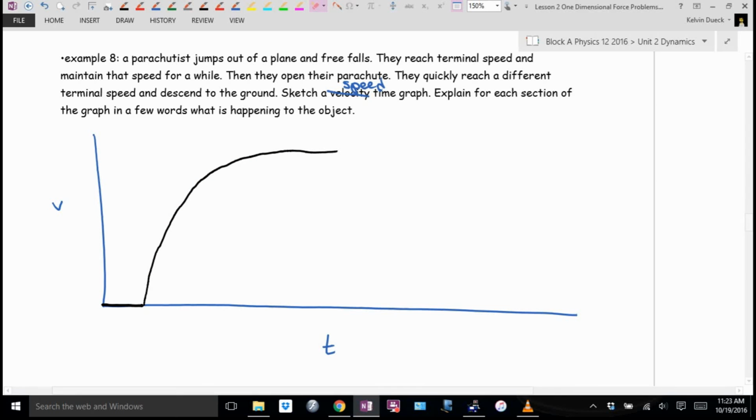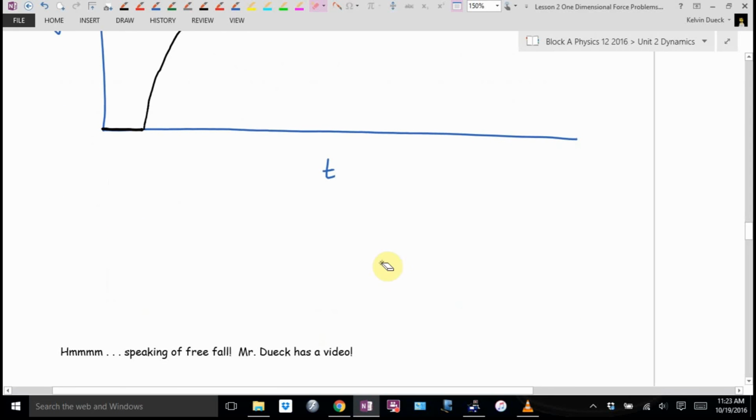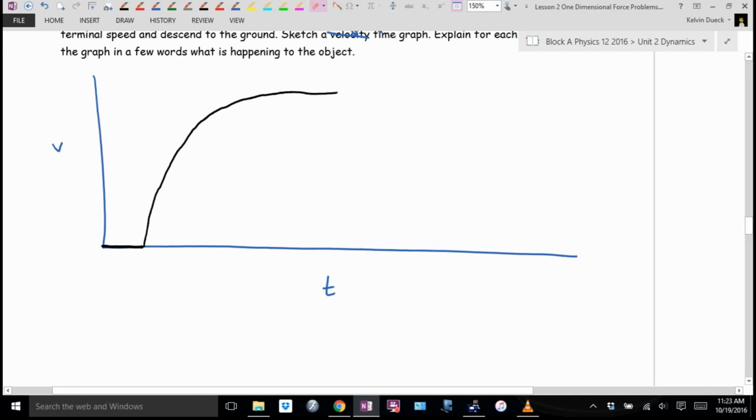Then I pull my parachute. What happens to my speed? Let's say speed again, because otherwise, anytime you say velocity, I'm saying I'm still going down. I should be drawing it down here somewhere. I just don't want to do that. So speed decreases, increases, or stays the same? Smoothly?